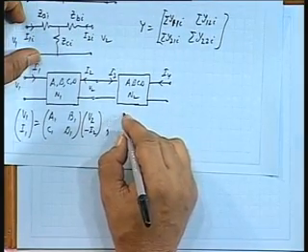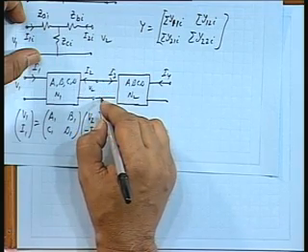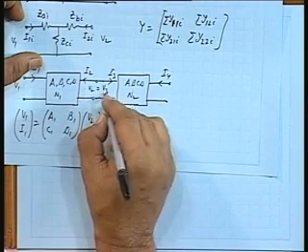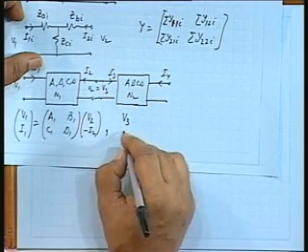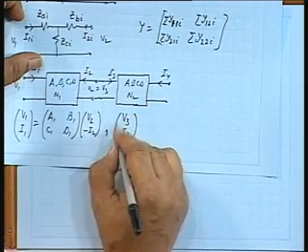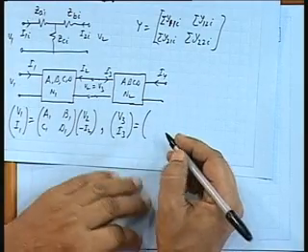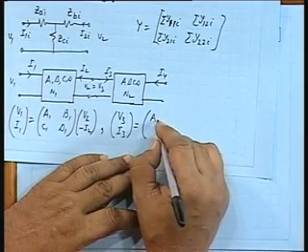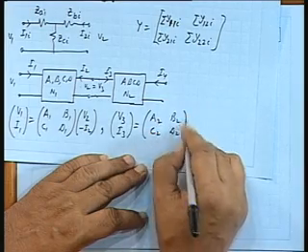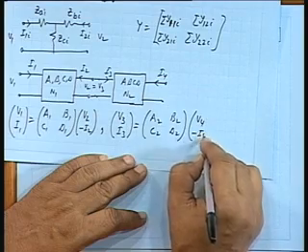Then the same V2 is appearing here. So V2 is equal to V3, and V3, I3 is equal to A2, B2, C2, D2 into V4, minus I4.